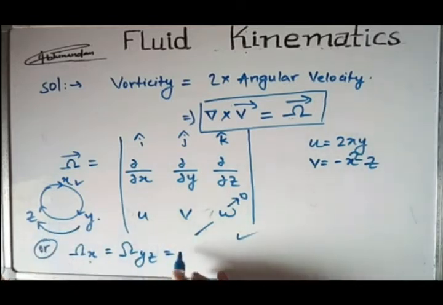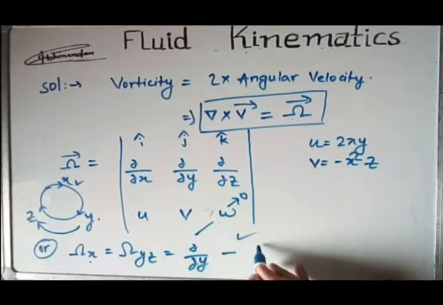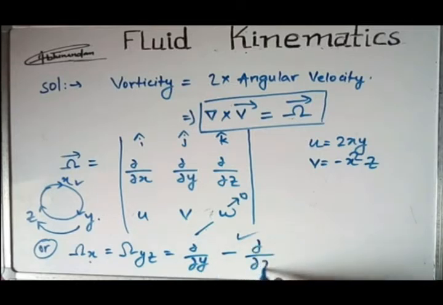So y के clockwise direction में z है. And if we have to write omega yz, so पहले यहाँ पे partial y आएगा and minus partial z, क्योंकि ओमेगा yz में पहले y आता है, then comes z.